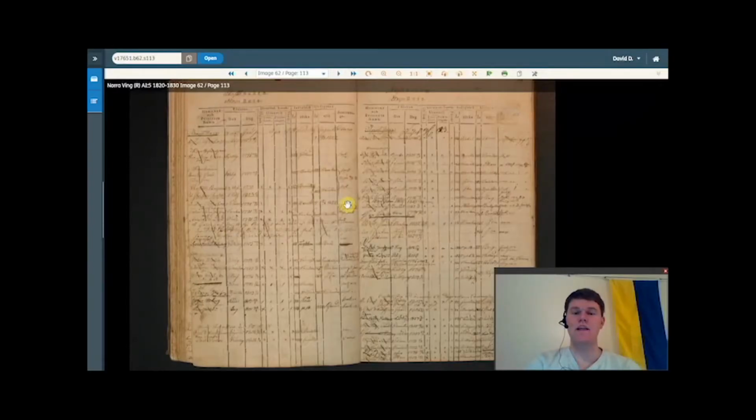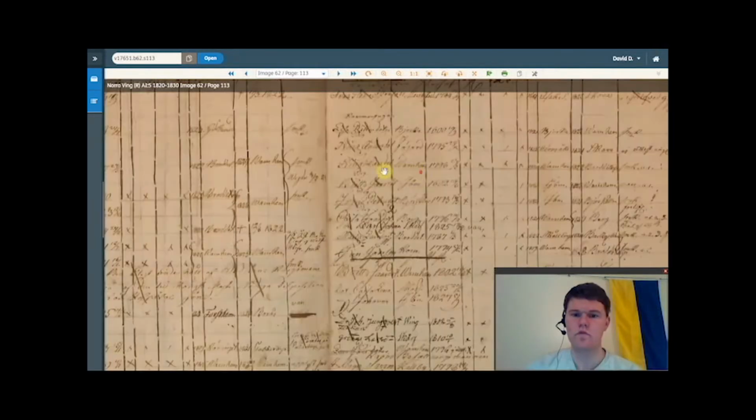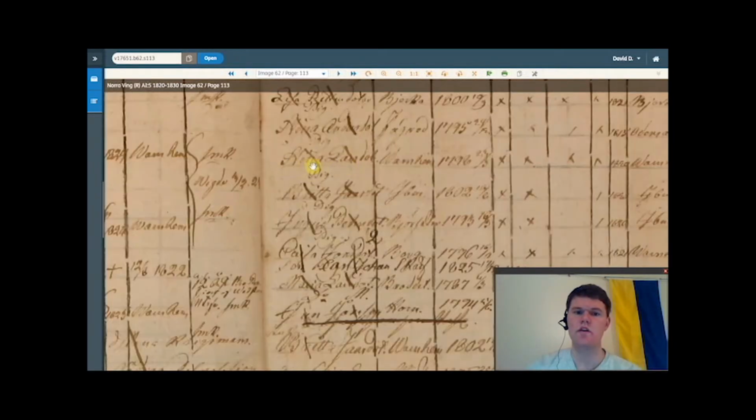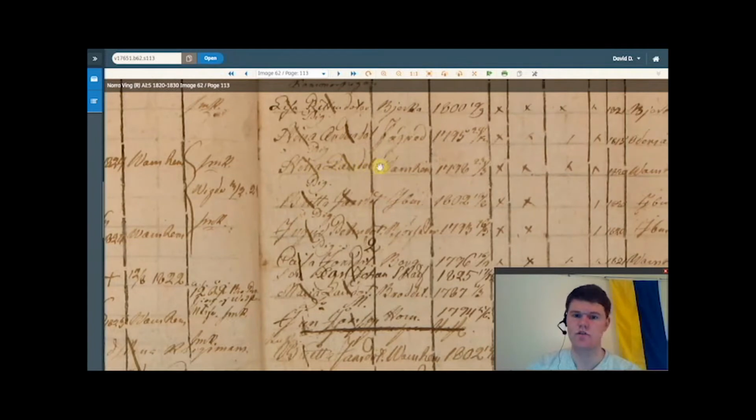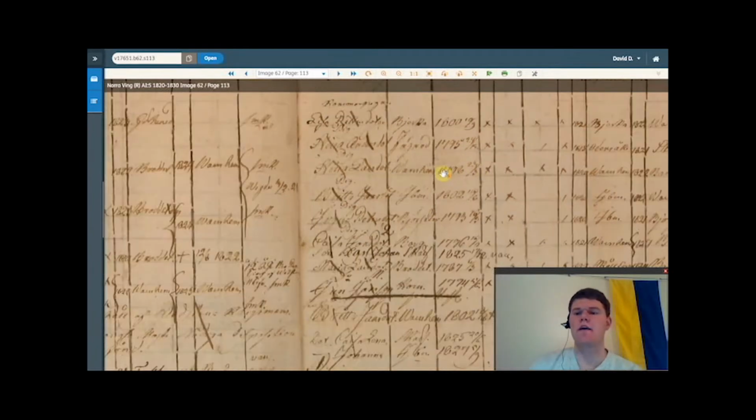So now we're going to work on someone and we're going to move backwards in time. Here we have a household examination for this person named Stina Larsdotter, who was born on the 23rd of March, 1798.